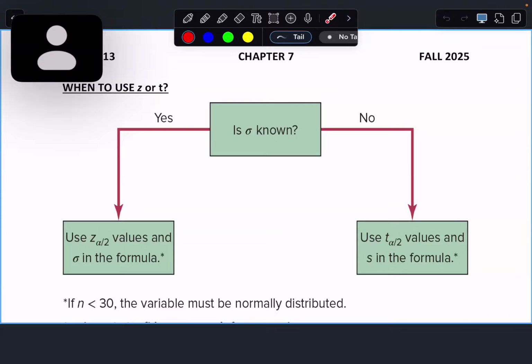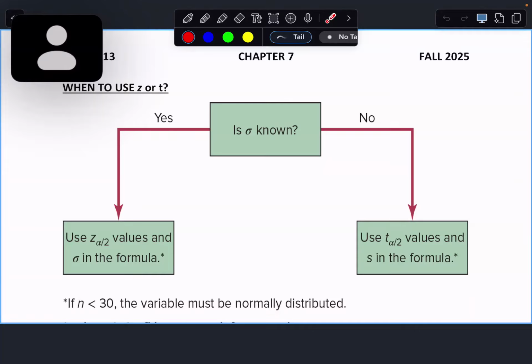Now, before that, I gave this illustration to serve as a guide. If you are constructing a confidence interval for the population mean, you ask yourself, there are two scenarios. One is when you know the population standard deviation.